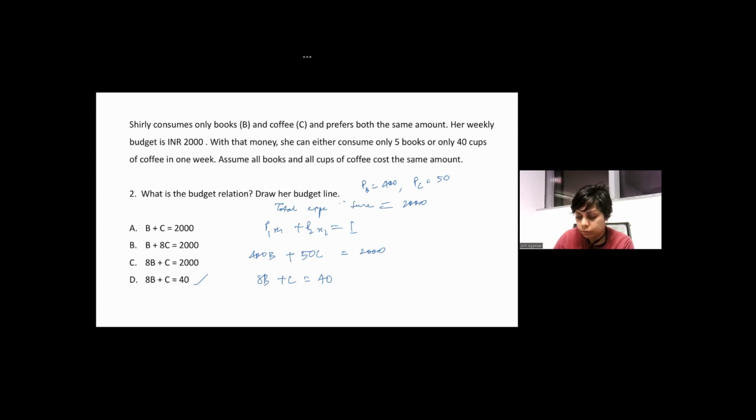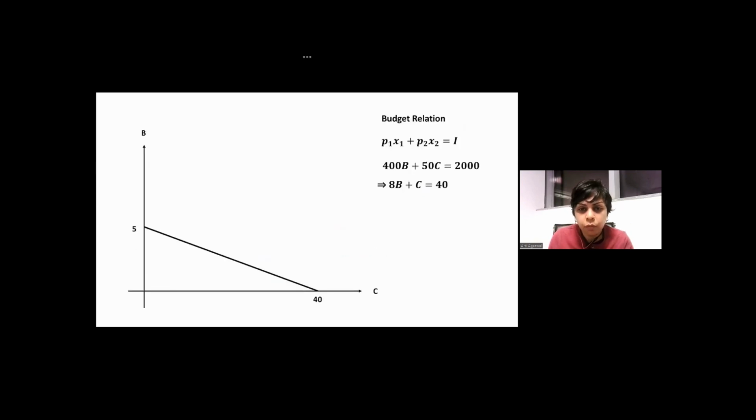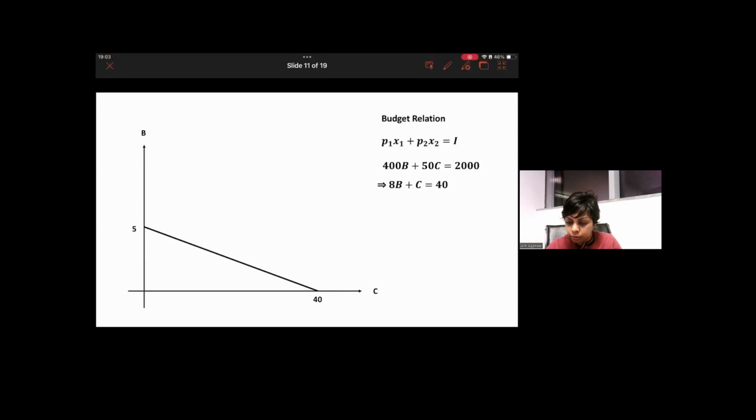So this is the whole explanation of what I just explained, and this is the line. And that 5 and 40 are the points where you consume only one good, what we call corner solutions. And this is the other corner solution. Okay, so this is the whole budget set.